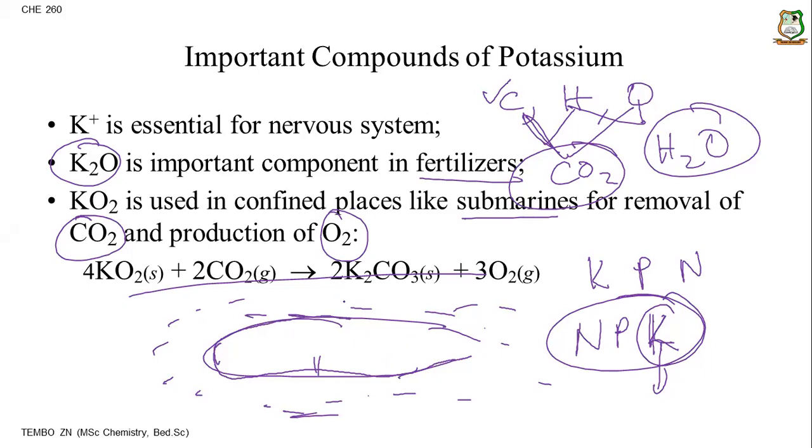What they do is that potassium oxide can be reacted with carbon dioxide so that we produce potassium carbonate, which is a solid, and produce more oxygen. Are we together? So the concentration of carbon dioxide inside that submarine will be reduced using potassium oxide.